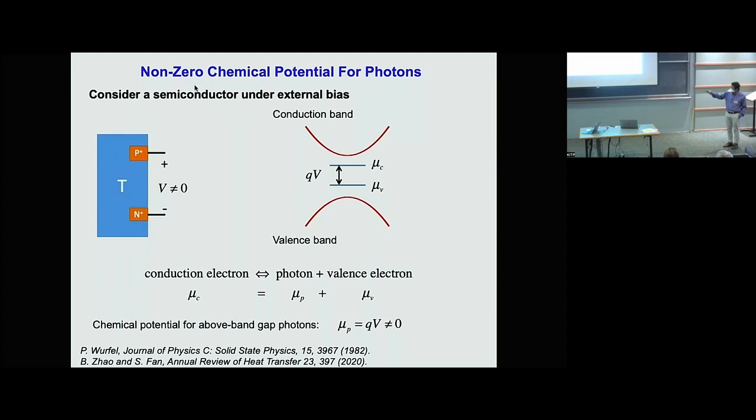And in doing so, therefore, one can write down the related chemical potential relation, which relates the chemical potential of photon to the quasi-Fermi level separation between the conduction band and the valence band quasi-Fermi levels. Therefore, by controlling external voltage, one can impose a chemical potential onto the photon that's being emitted.